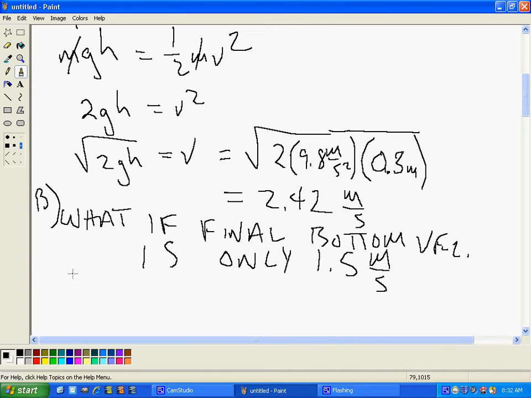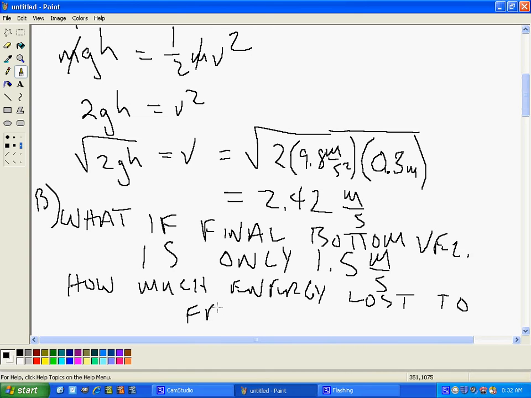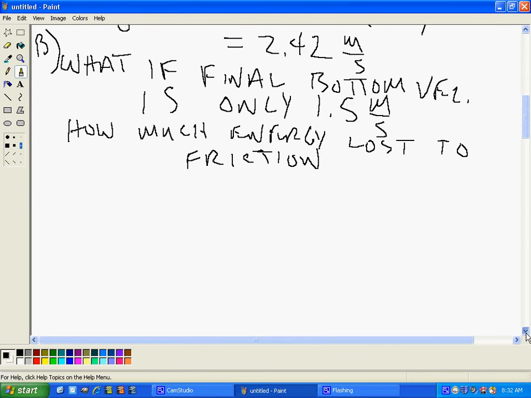Question: how much energy was lost to friction? Okay. Well, in order to do this, we're going to have to figure out the change in energy at that point.